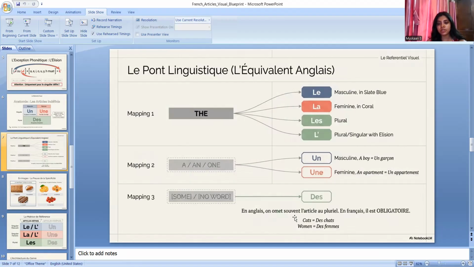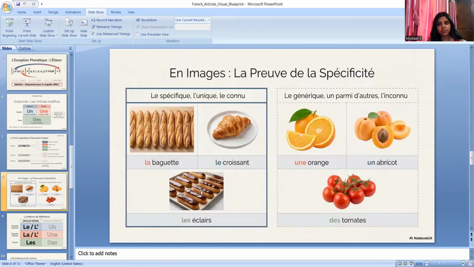En anglais, on met souvent l'article au pluriel, en français, il est obligatoire. Like I already said, it is obligatory when we are using this in French. So cats, des chats; women, des femmes. So it is obligatoire.